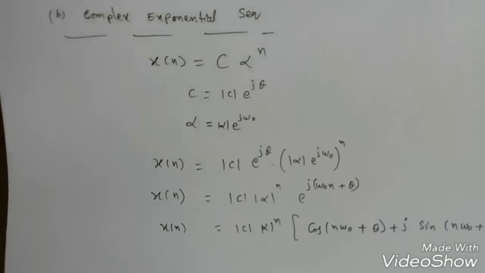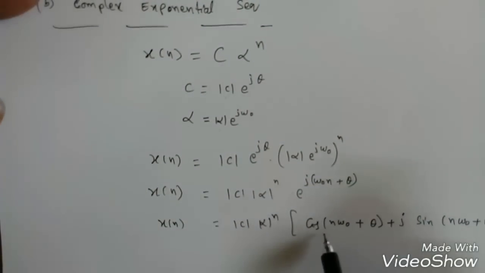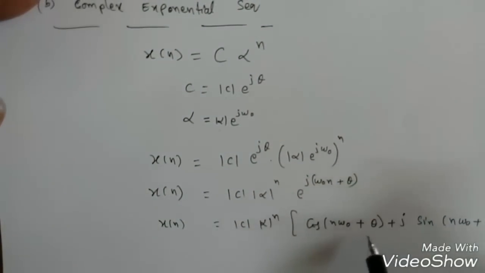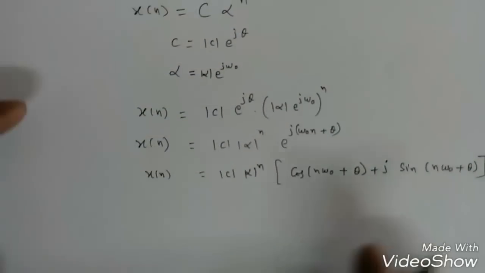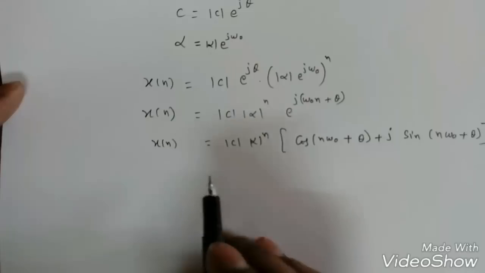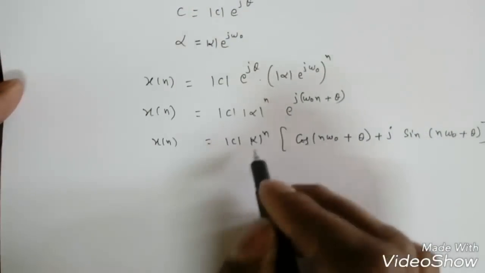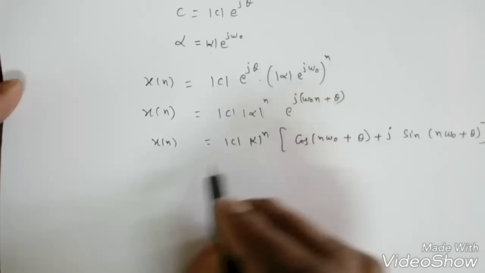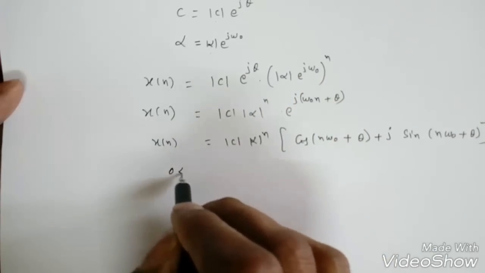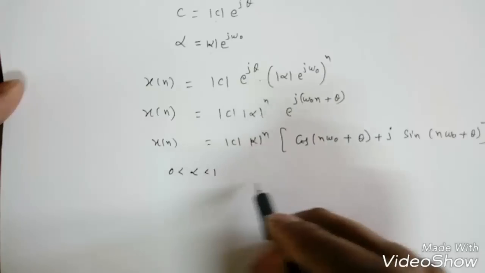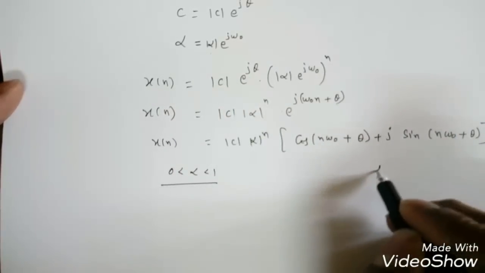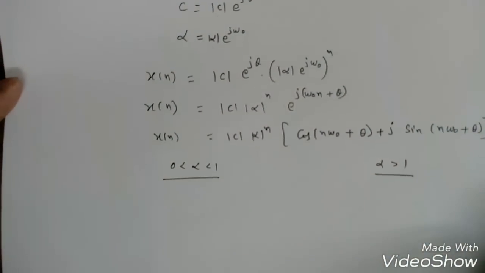Now this is a magnitude and this is the sinusoidal signal, so it has a cos form and a sine form. So what are the representations here? If alpha is between 0 and 1, one sequence we will get. If alpha is greater than 1, we will get one more sequence.